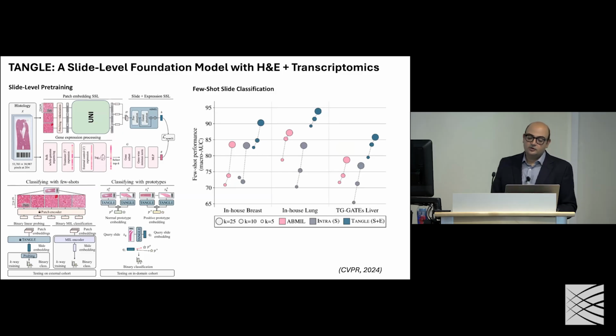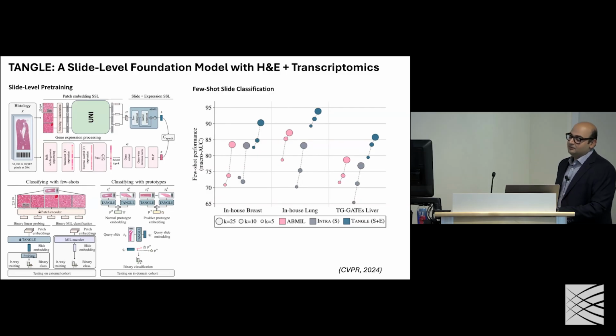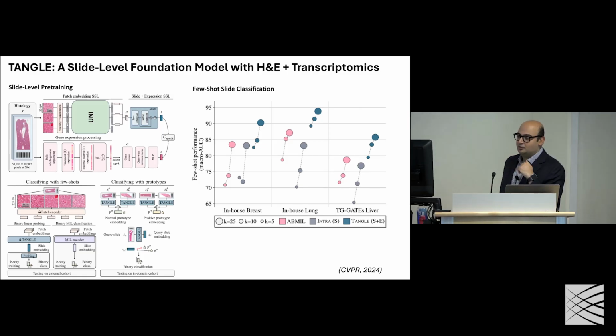So contrasting with molecular data, this study is from CVPR last year, where we're contrasting with molecular data to improve image representation. And what's important is that we found that contrasting with transcriptomics, this was a sort of toy study just done on the TCGA to assess this hypothesis that contrasting with transcriptomics would do better than contrasting with, for example, text.